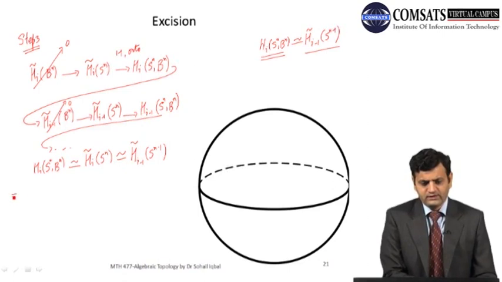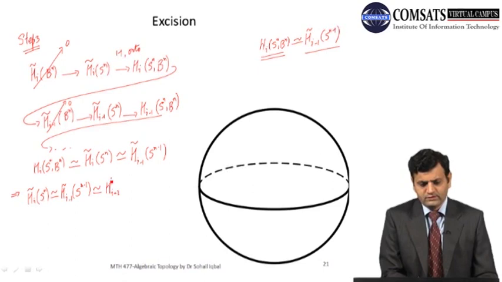Okay, so now we can say that the reduced homology Hi of Sn is isomorphic to Hi minus 1 of Sn minus 1, isomorphic to Hi minus 2 of Sn minus 2, and so on, and at the end we will get the following.